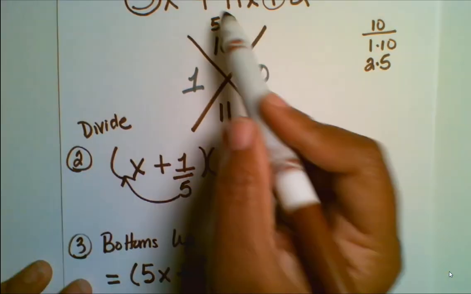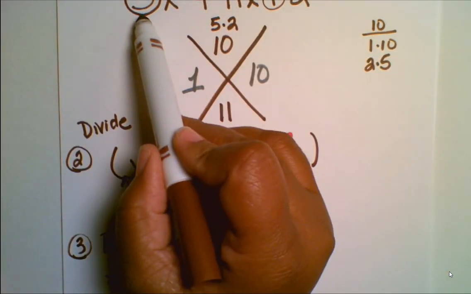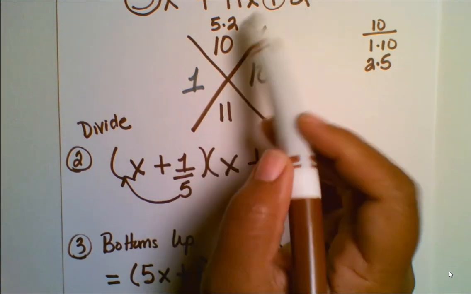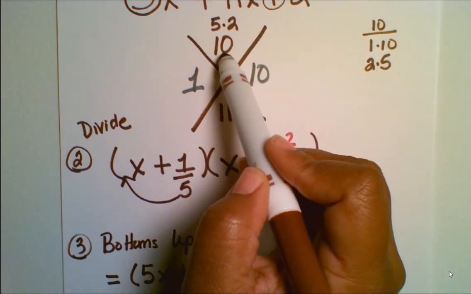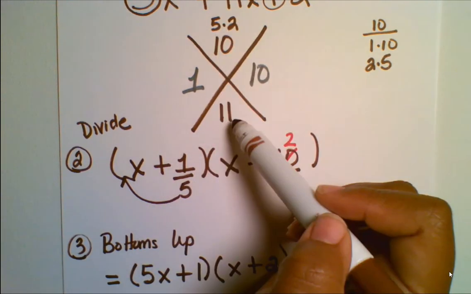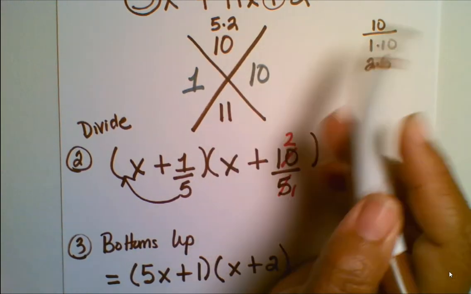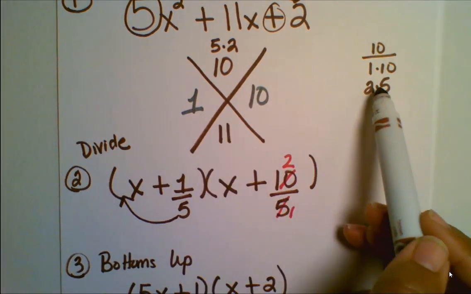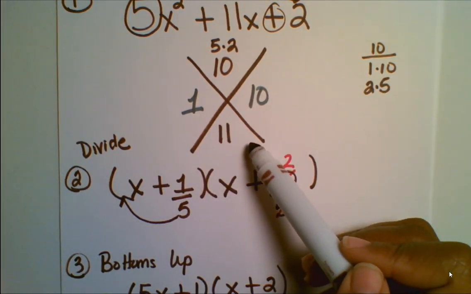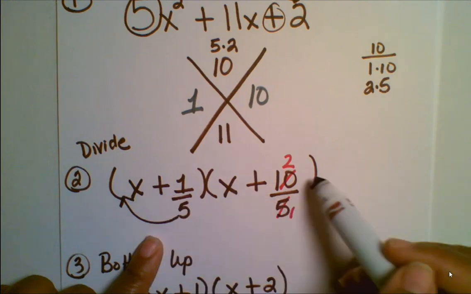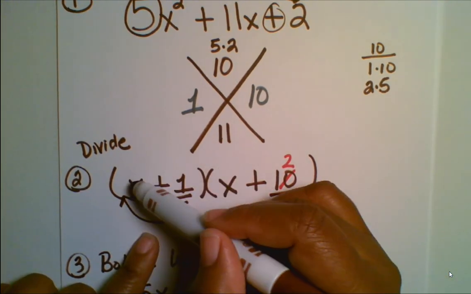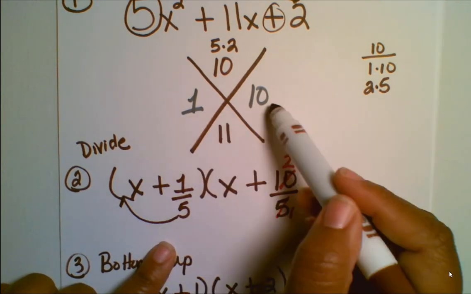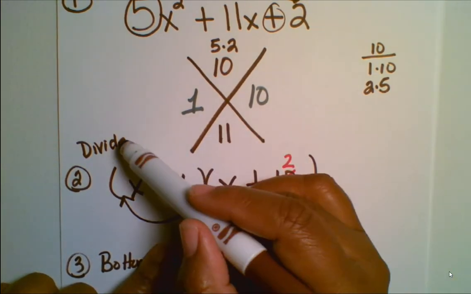So we slide: take the leading coefficient, the first term, and multiply it to the last term. We get 10. So we're finding factors of 10 that would give us the middle term of 11. Because the signs are the same, that means we're adding 1 and 10 to give us 11. So we have our template, x and x, break down the variable using those factors that were found, and we're going to divide.